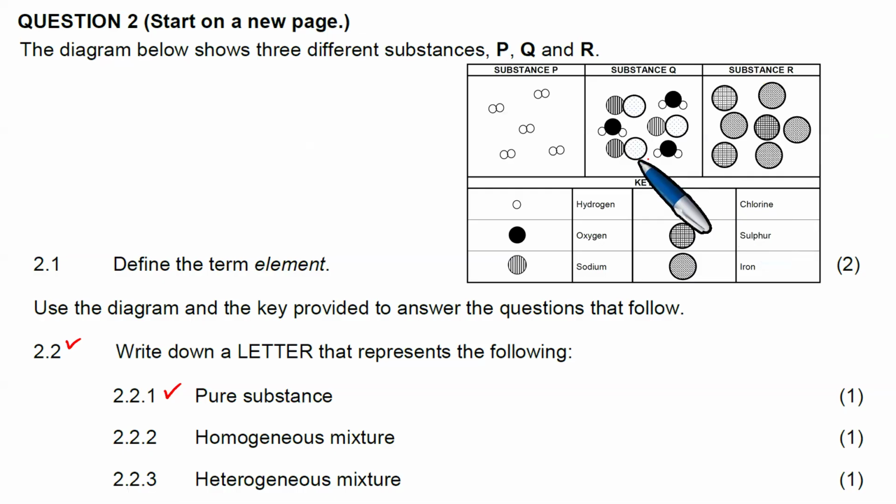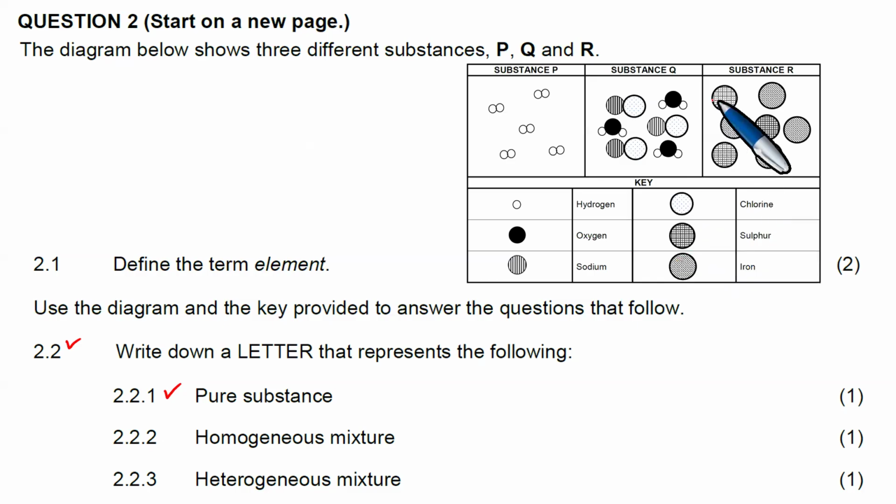Now there are these white circles that are empty inside; those are hydrogen. The circle that's full of black is called oxygen. The circle that has lines inside is called sodium. Then you have dots, like this, and that is chlorine.